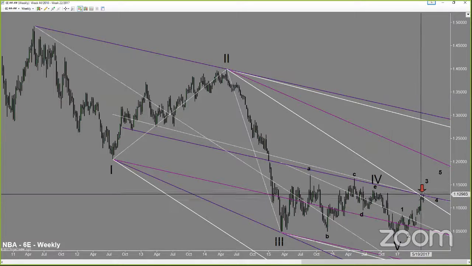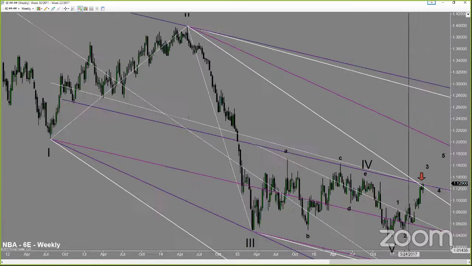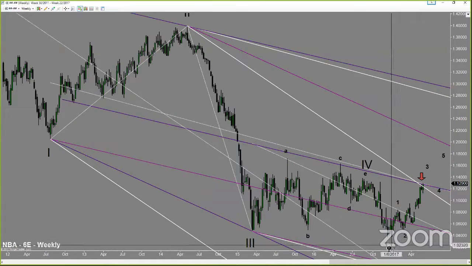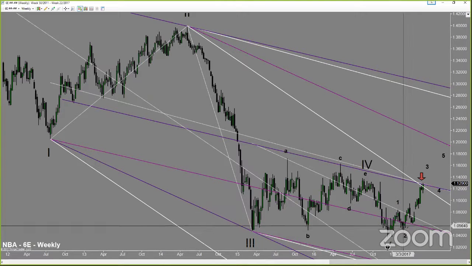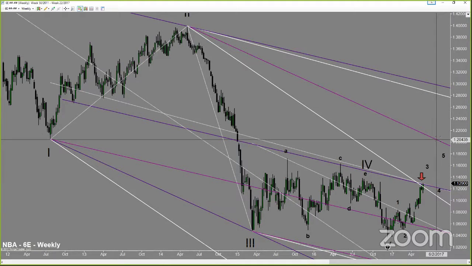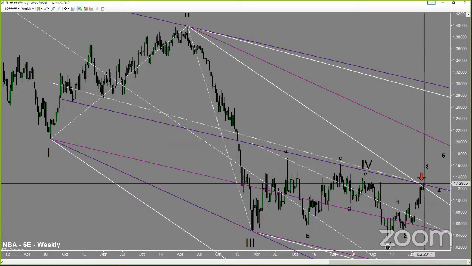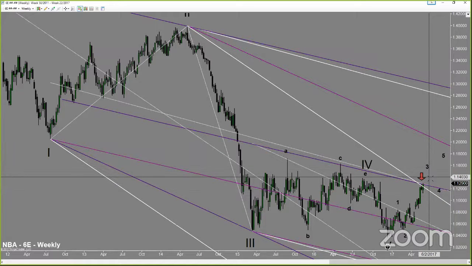So we've kind of switched perspective a little bit, and now we're thinking fifth wave is in, and our first and second of that new move to the upside is done, and now we're in the third wave, and we're at a few really nice areas of resistance now, but really expecting to break up and out of this. We may end up getting some resistance and fall back from this temporarily, but ultimately we're expecting new highs.